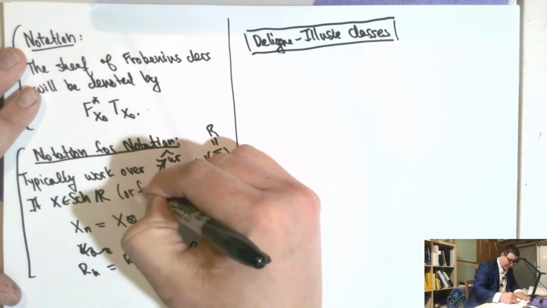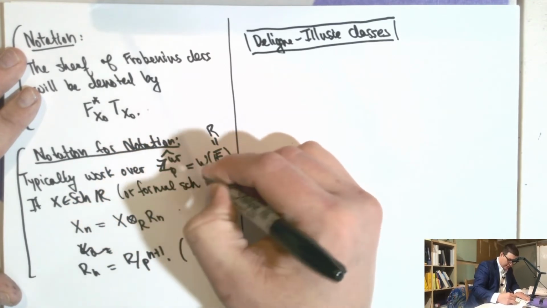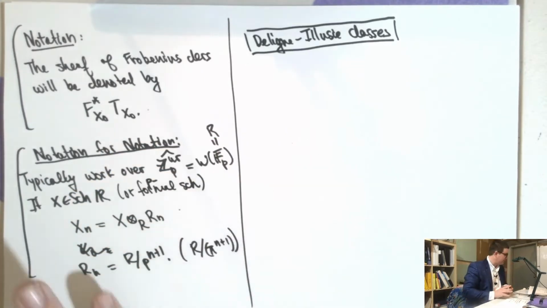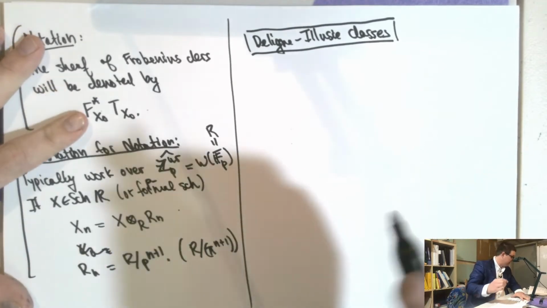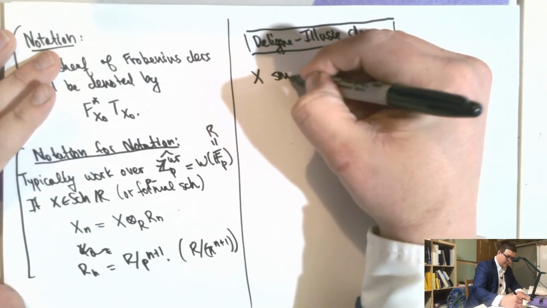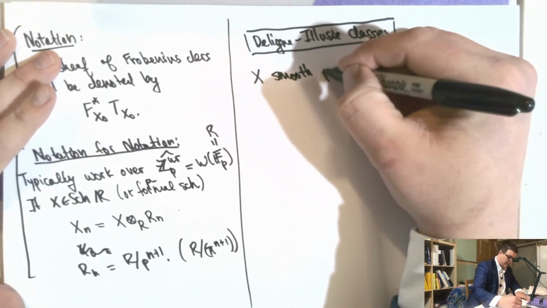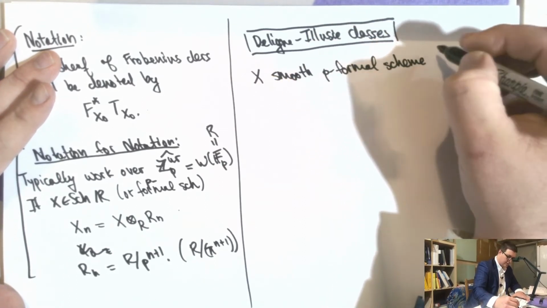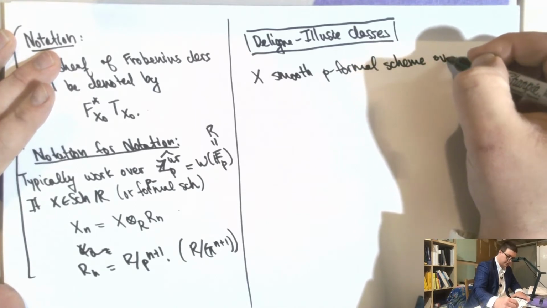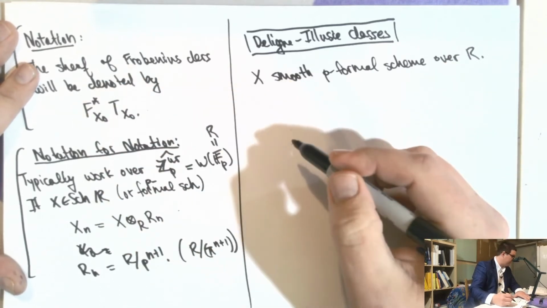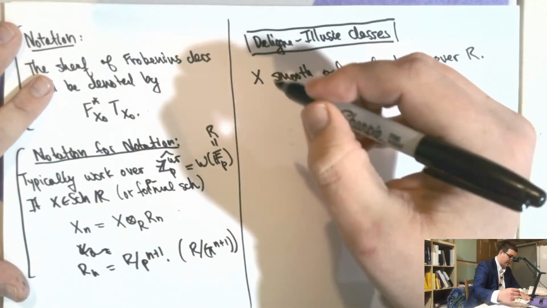Or formal scheme, let's say. Okay, so p-formal. So we're going to p-adically complete everywhere. Okay, so Deligne-Illusie classes. Let X be a smooth p-formal scheme over R. For simplicity, let's say R is Z_p unramified completed, but you can do other things.